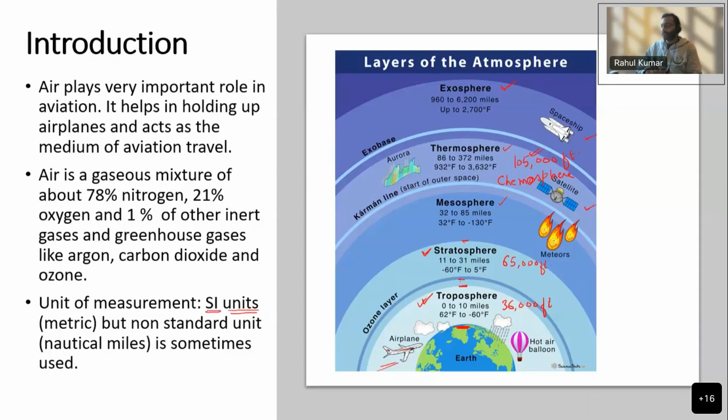But a more common, non-standard unit in aviation is nautical miles.